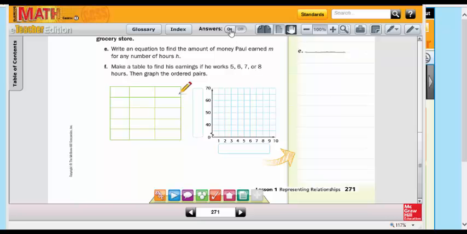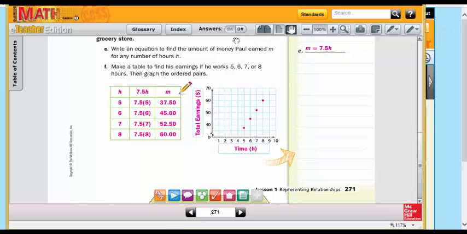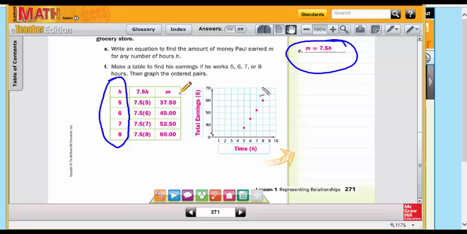Okay, so let's finish this problem the easy way by plugging in our answers here. Recognize that in each case, what we did is we used our equation, 7.5 times the input of hours, and here are our inputs for hours, and that would give us our output for the amount of money that he would make.